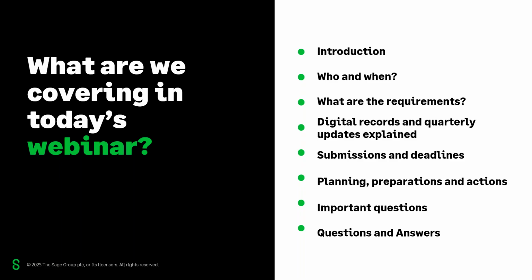We'll delve into the digital records and the quarterly reports and what you can expect to provide to HMRC. We'll look at key dates for submissions and deadlines as well. And then lastly, we'll look at ways and means and how you can plan and prepare and what actions you may need to take. We'll also cover some frequently asked questions or important questions. And then at the end, if we're going to pick up any questions, we'll do that at that point.